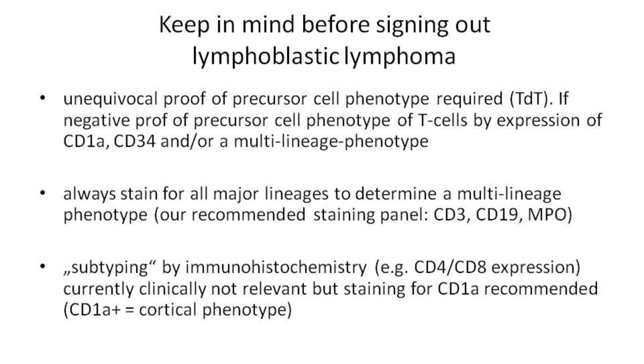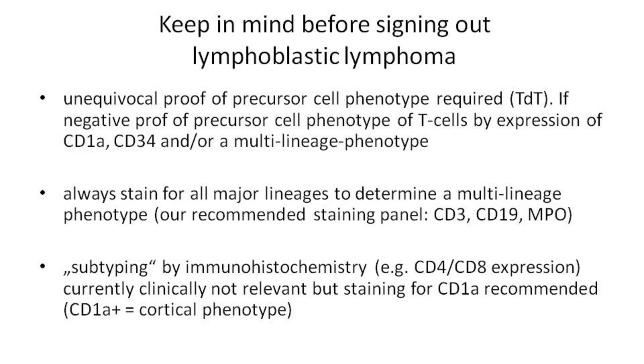What in the T cell lineage could be considered as alternative markers of precursor cell phenotype is expression of CD1A and CD34, but in my opinion also to some extent a multilineage phenotype, so expression of B and T cell markers or myeloid markers, as far as these markers are lineage specific.